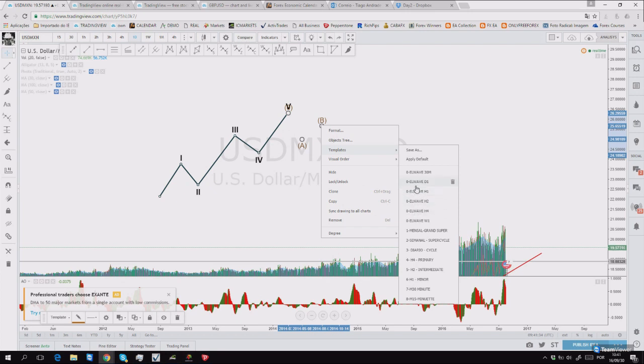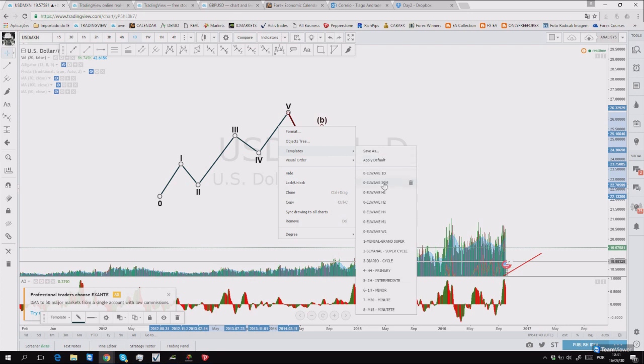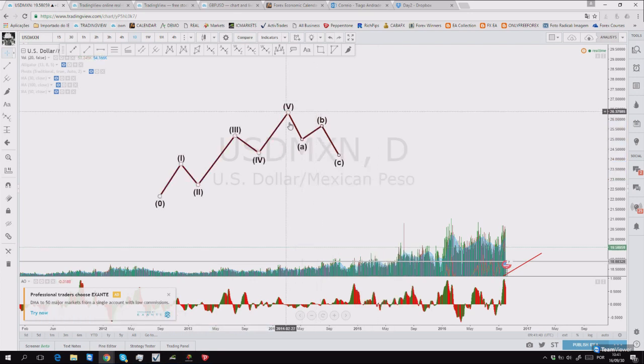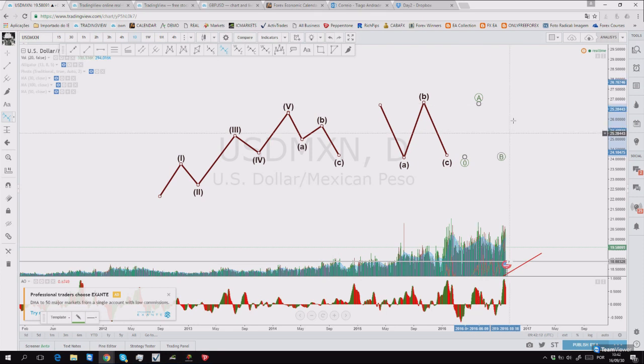I can just go into them very fast. This would be a zigzag correction. This would be a flat correction. And this would be a triangle correction.